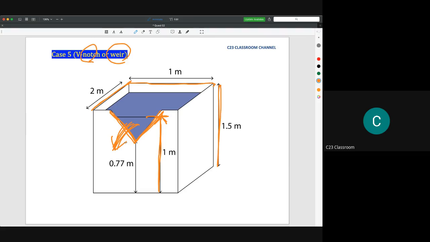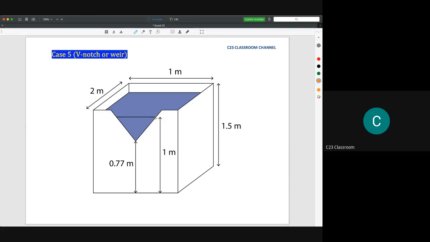So we want to know the time until the water stops flowing. In this question, we are not asking you about the time to empty the tank. Why? Because I think you know the trick.